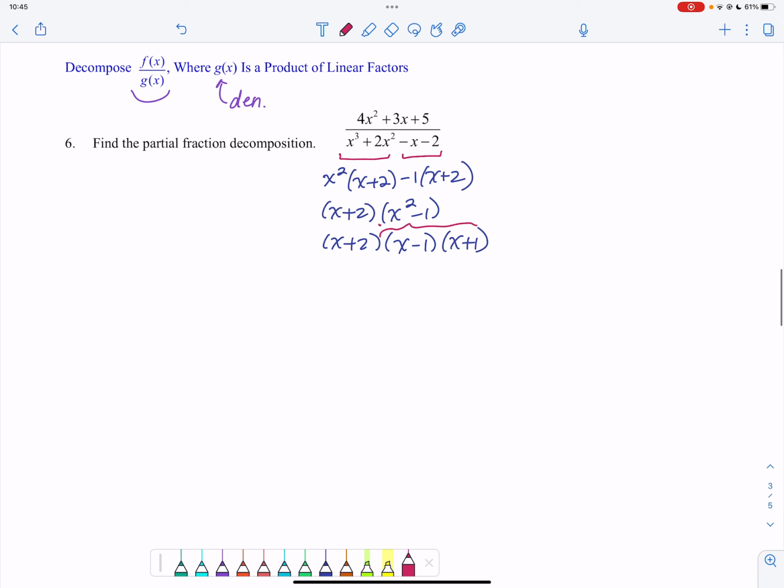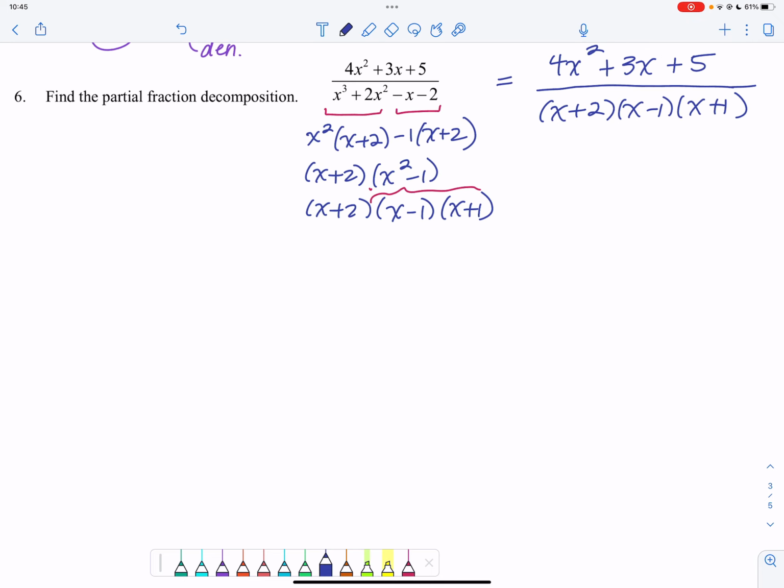Okay, so now what do we have? Our rational expression that we want to decompose is 4x squared plus 3x plus 5 divided by x plus 2, x minus 1, x plus 1. Okay, so let's go ahead and begin. These are non-repeated linear factors.